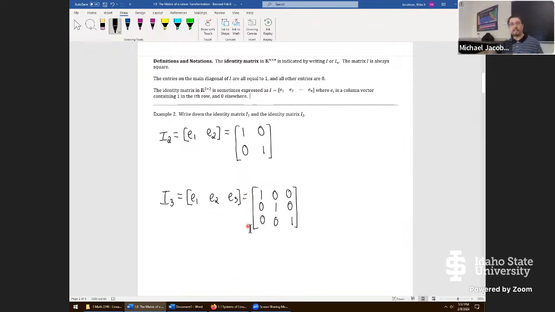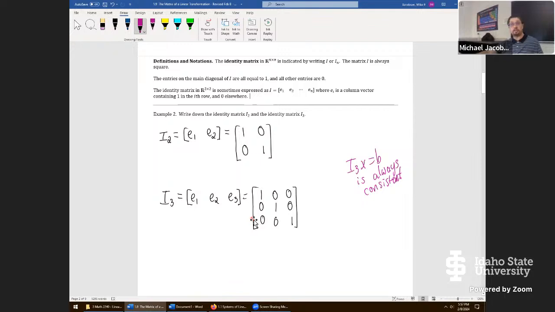If you look at those columns really carefully, notice there is a pivot in every row. That means, well, this is an interesting system. You can say I3 times x equals b is always consistent. So you can always find a solution to this.